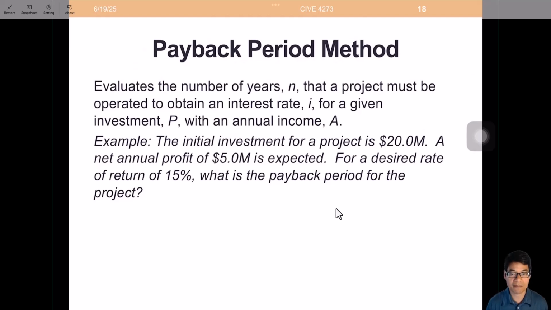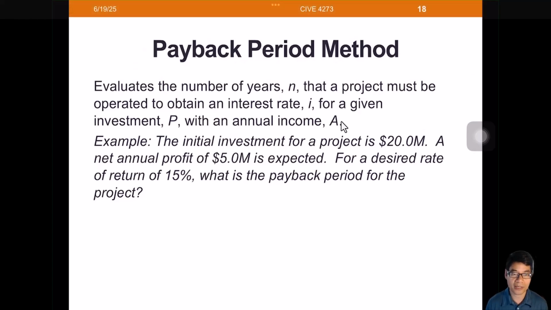Again, we have to use time value of money, and looks like we've got P and also we've got A. Looks like we can use the equation either P given A or A given P. Either way should be fine, but for our problem I'm just going to use the P given A. I'm going to write the formula here.